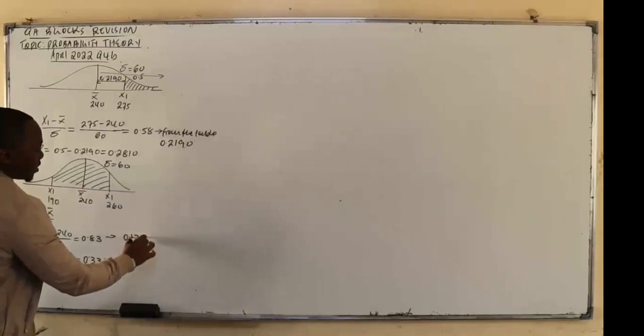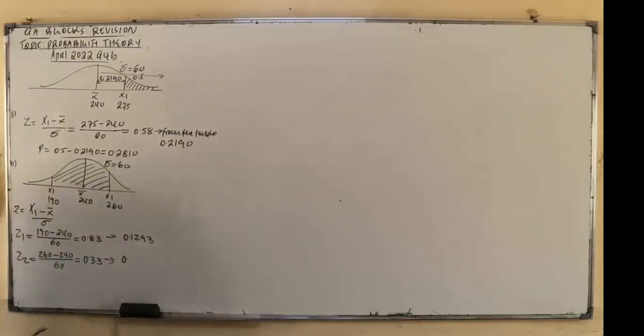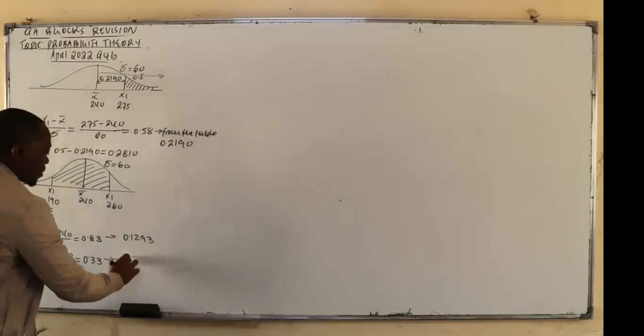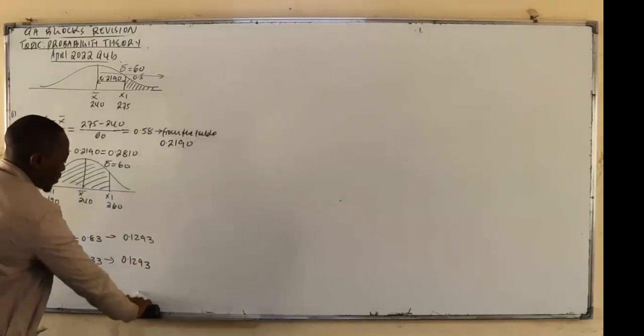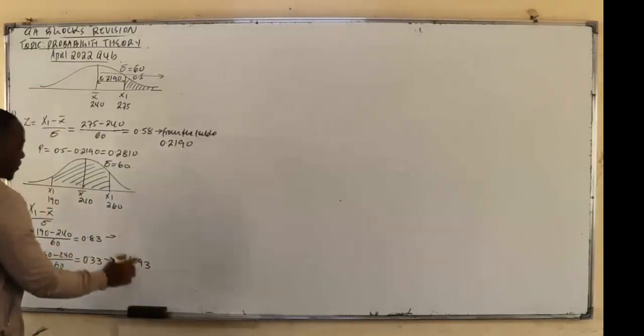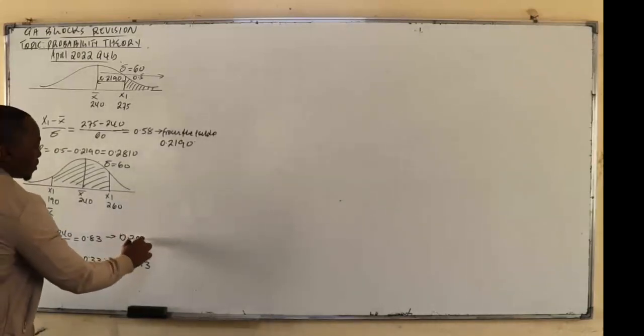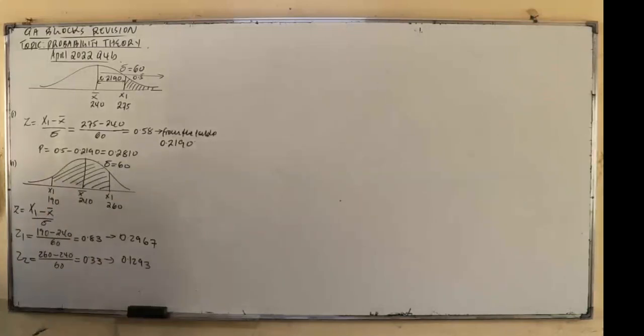0.33. 0.2967. So now we want between 190 and 260. Now the first one is between 190 and 240.